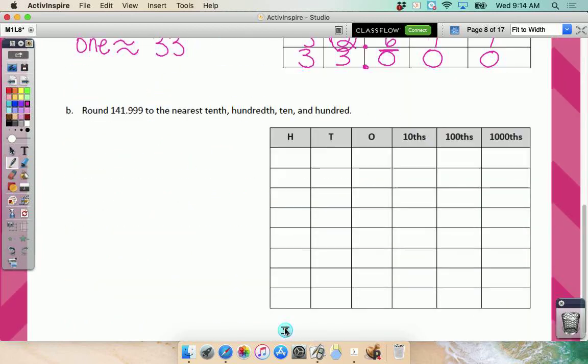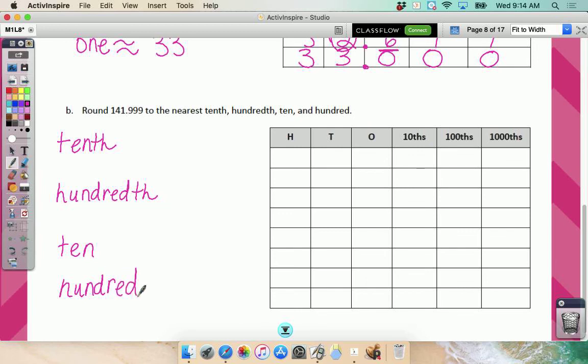This time, there's 4 of them. So tenth, and I already know they're trying to mess you up. Because they've got tenth, hundredth, and then they've got ten and hundred. So don't get fooled.